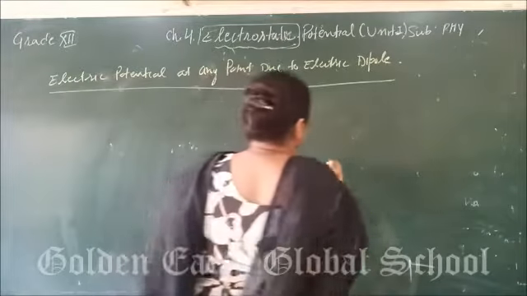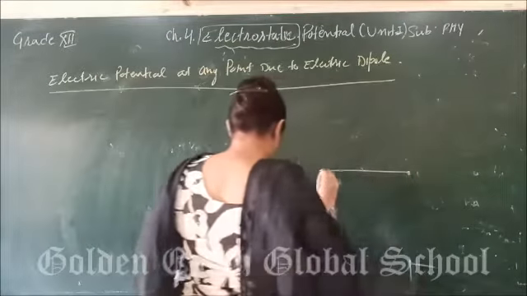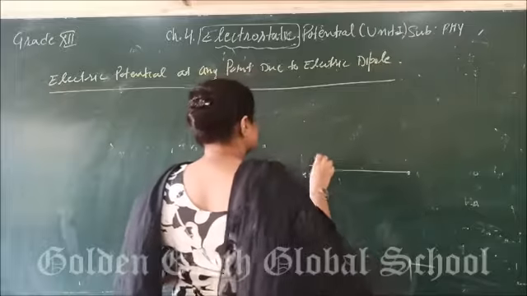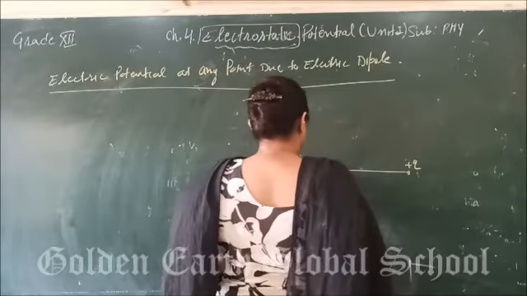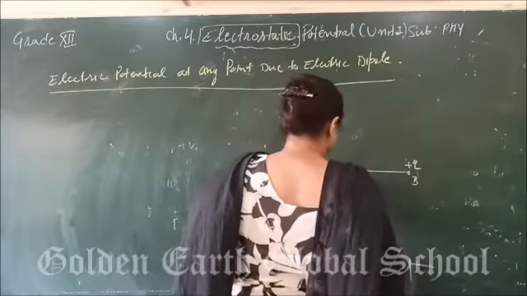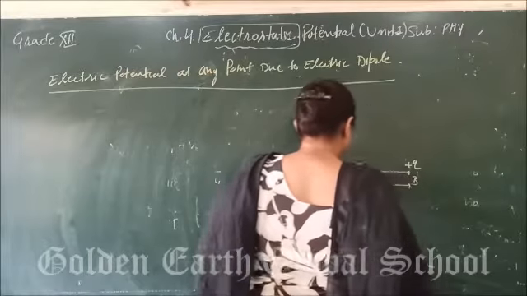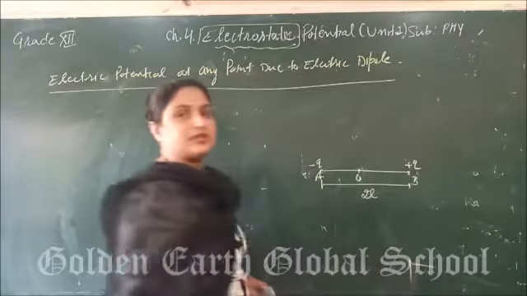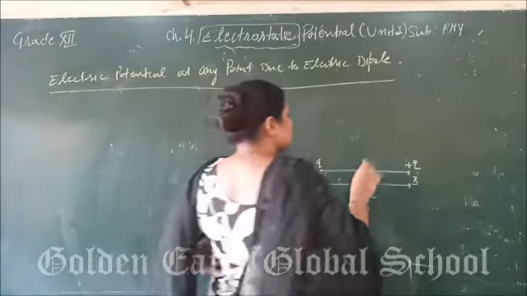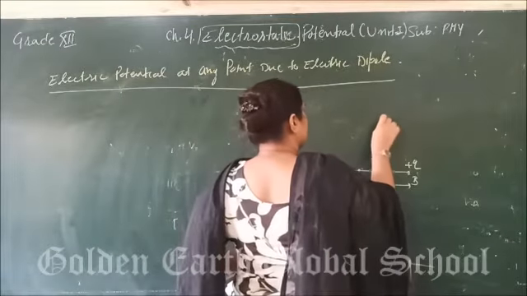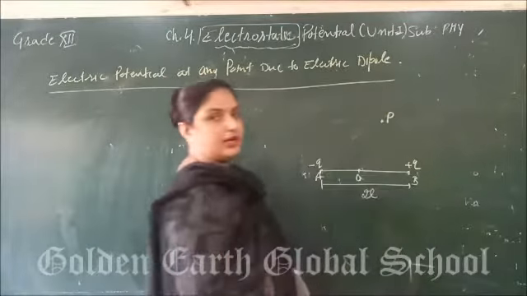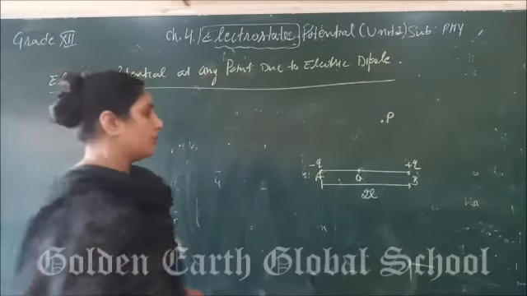Now let us suppose we have an electric dipole having the charges minus q and plus q placed at points A and B such that the length of the dipole is 2l and the center of the dipole is O. Now let us suppose this is the observation point P at which we have to calculate the potential.